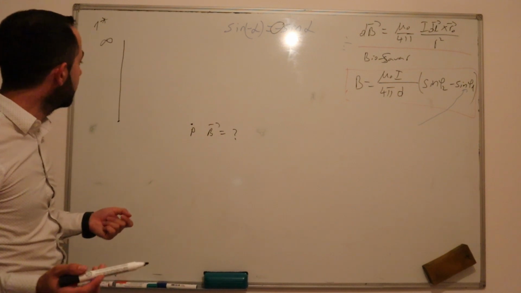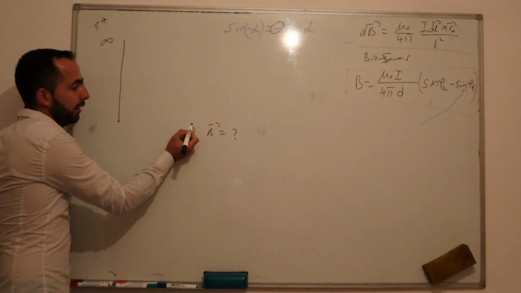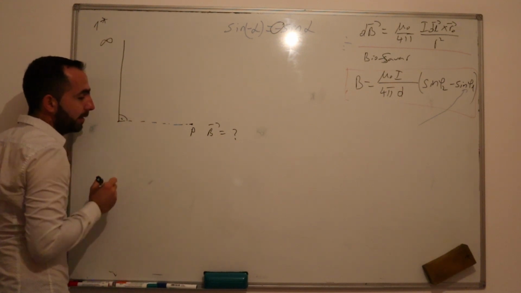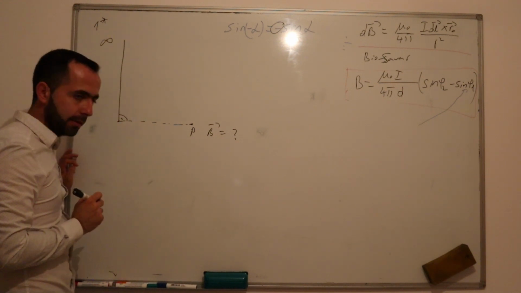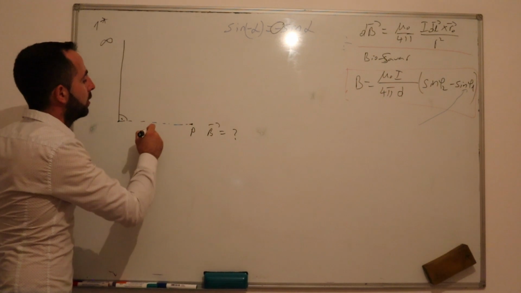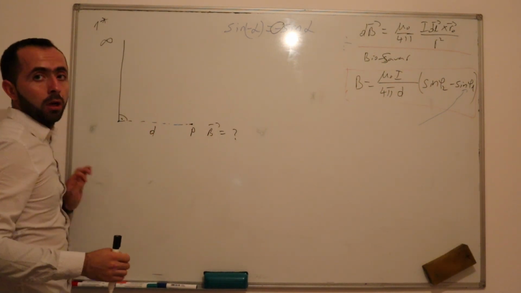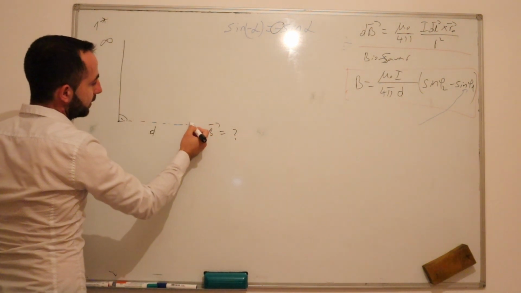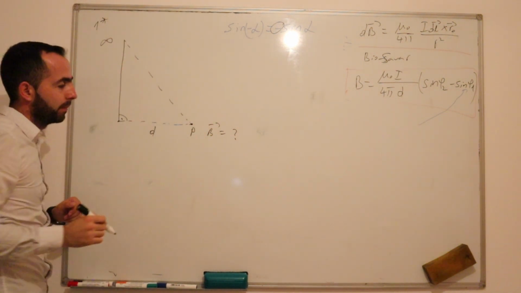So, once again, what we need to do is draw a distance from the conductor so it has a right angle. It is a normal. So this is distance d. The next step is to connect this point with this point.